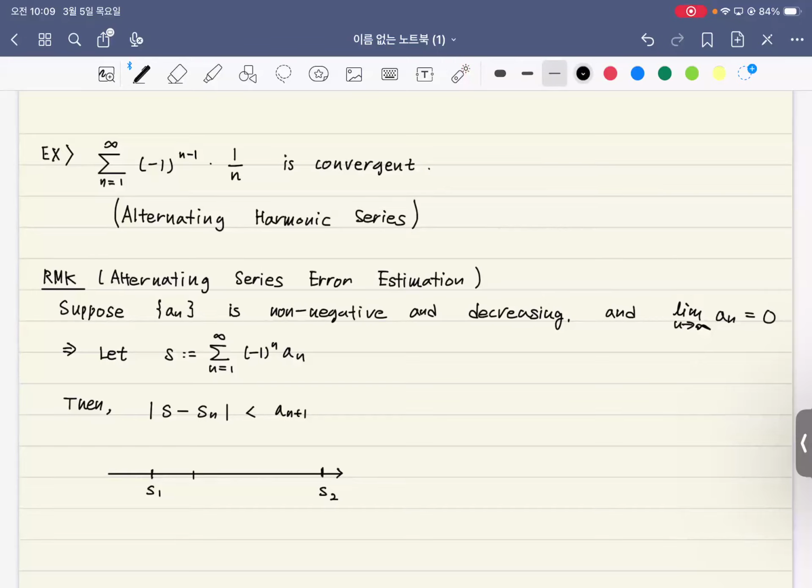And S3 would be somewhere around here, and there should be S4 and S5. So it goes along like this, which is alternating and is approaching some certain point. And that approaching point should be the limit of this alternating series, right?